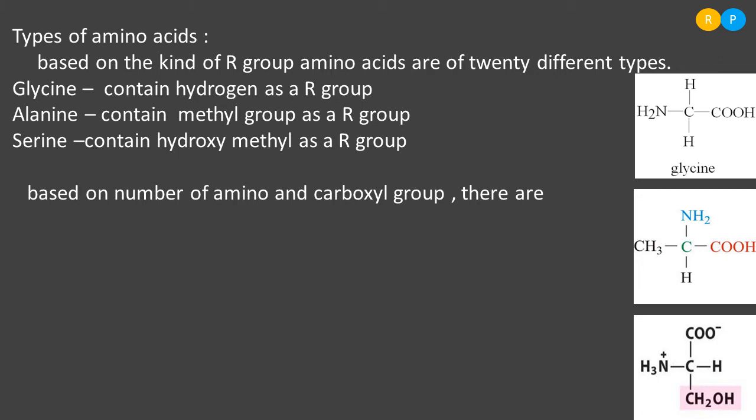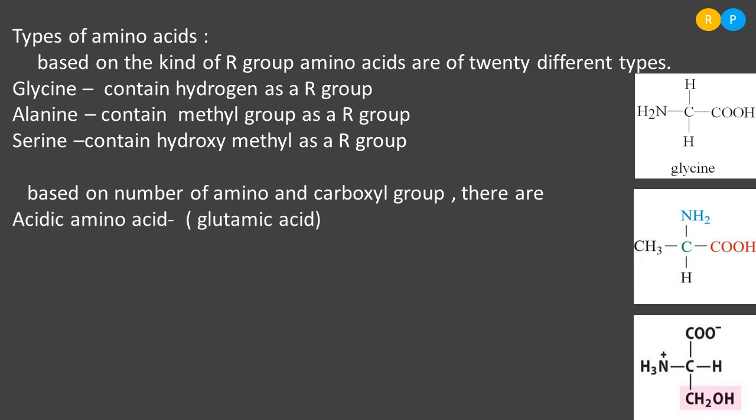Say, for example, there is an amino acid that consists of more than one amino group. That particular amino acid is considered a basic amino acid because the basic group is present in greater number. Clear, children? So like this, based on the number of amino and carboxyl groups, amino acids are divided into different types.